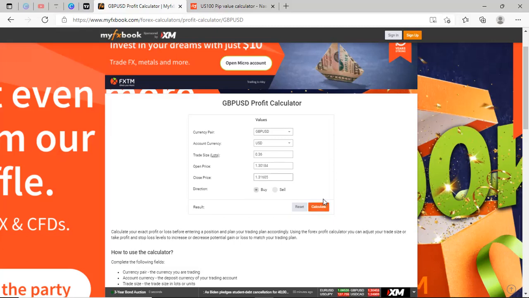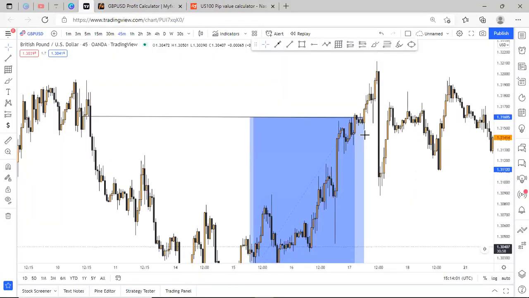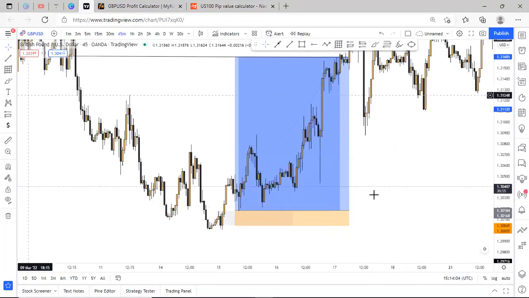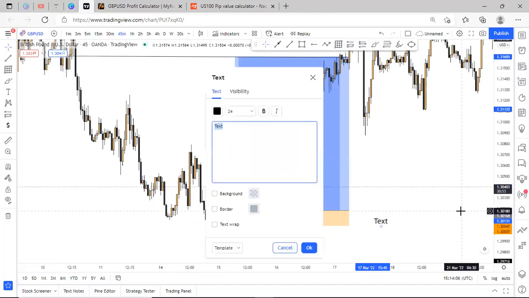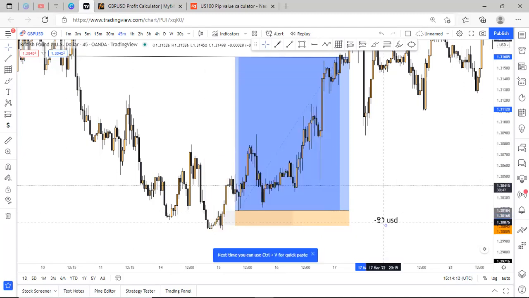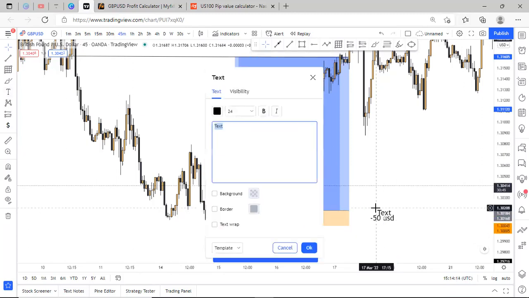Then you click calculate. So now this calculator is telling us on this particular trade, we'll be making 511 US dollars. That is now on this trade, by risking just $50 right here, minus 50 US dollars right here, using 0.36 lot size.